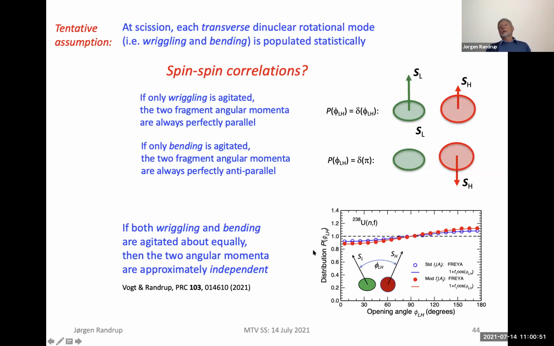This may have some observational consequences for the photon-photon correlations. We don't know quite yet, but that's an interesting topic. But keep this in mind, the two spins appear to be approximately independent, one would think, on these physics grounds.